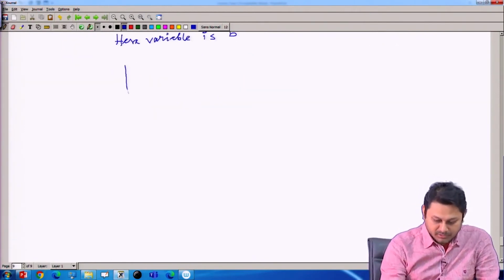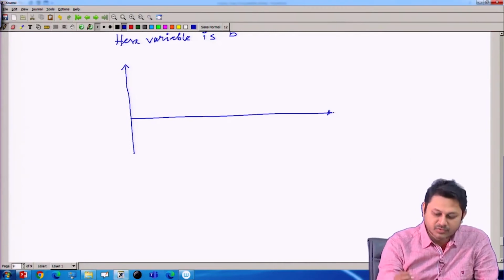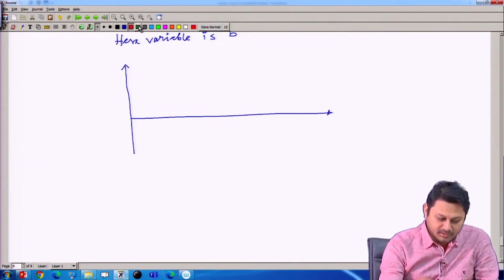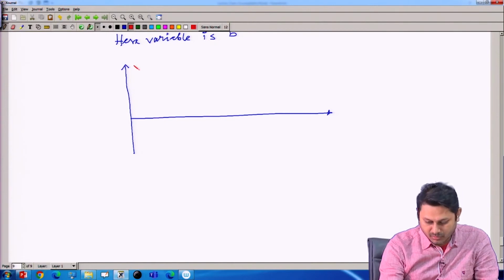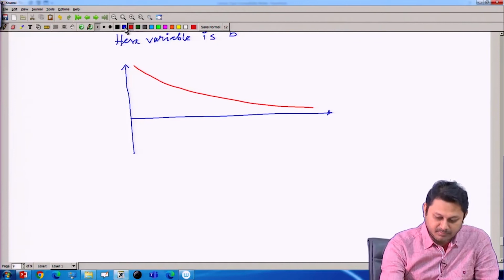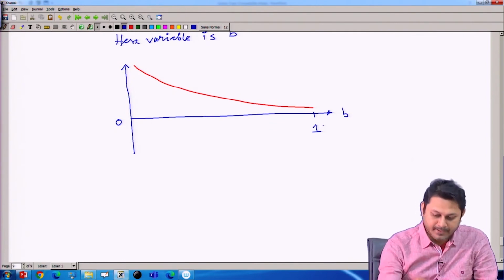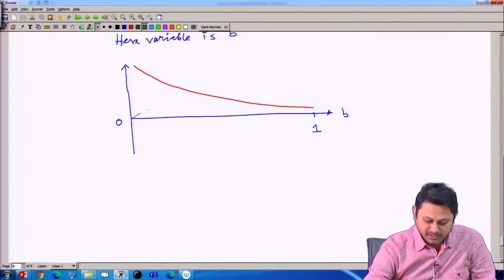If I now plot these two, the left hand side will go like this. By the way, this is B, so it should be restricted to 0 and 1. This is 1 and this is 0. The right hand side will show something like this.